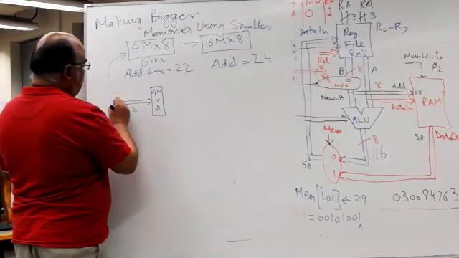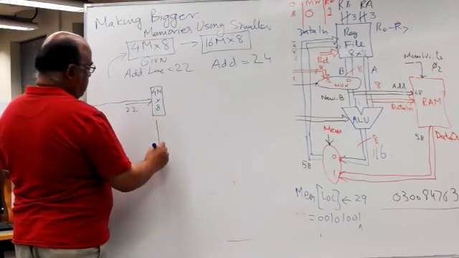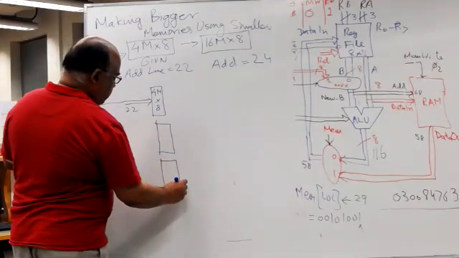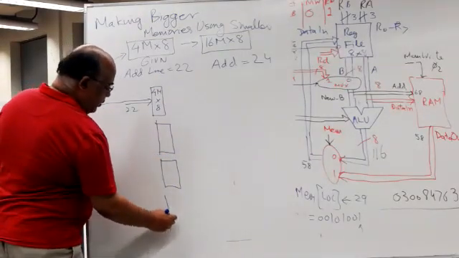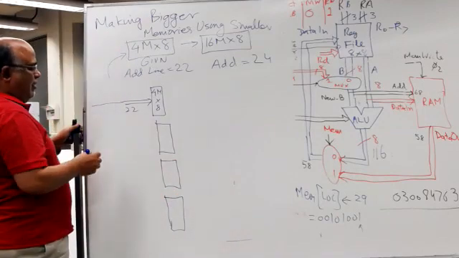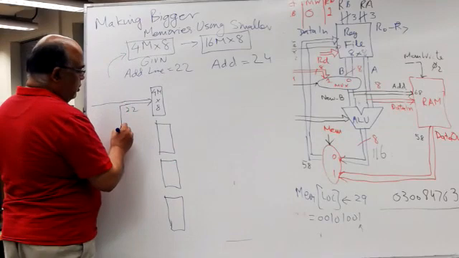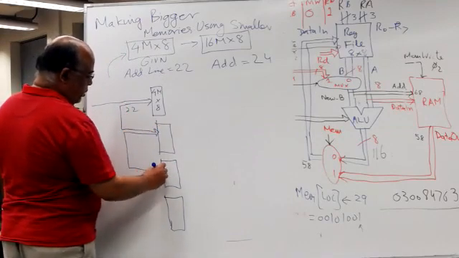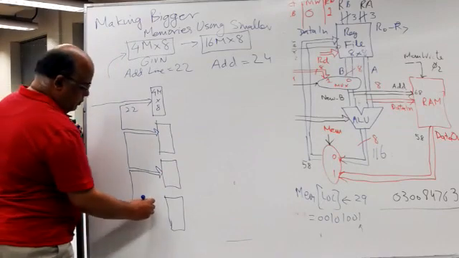Same address lines go to all of them. Just like the decoder expansion, you remember how we used to make a bigger decoder using smaller decoders? Exactly like that, we make a bigger memory array using smaller memory arrays. So it is exactly the same.